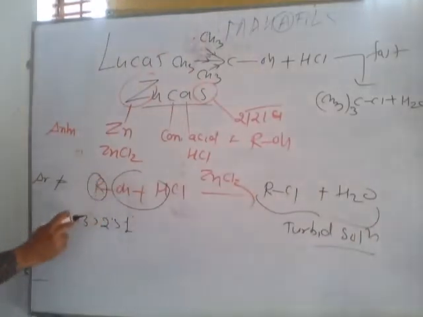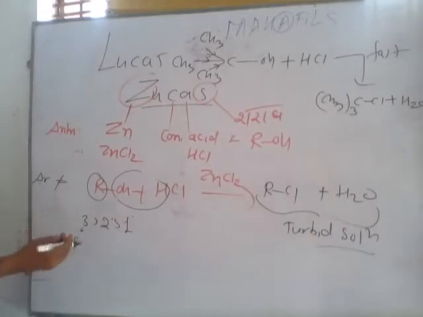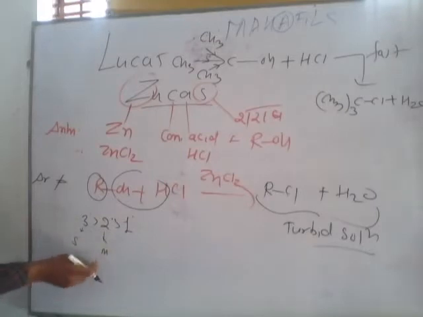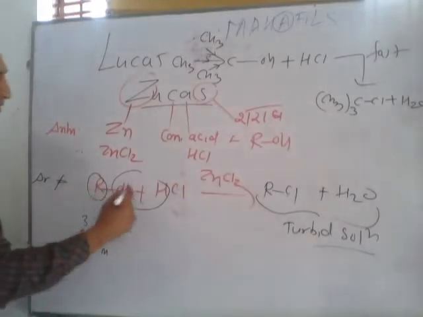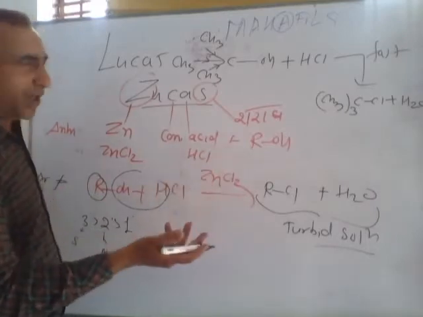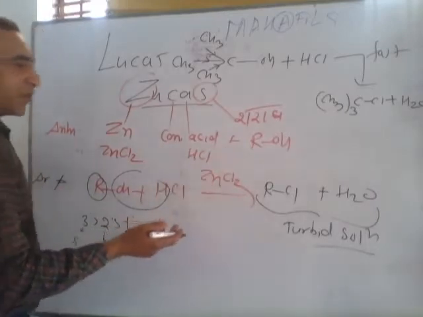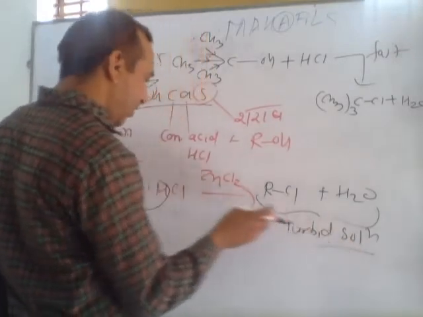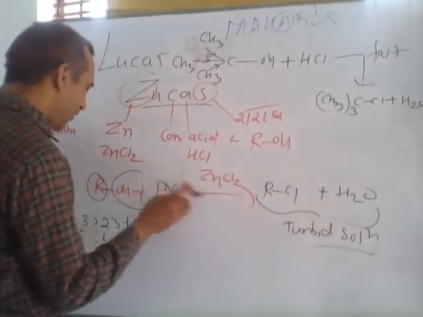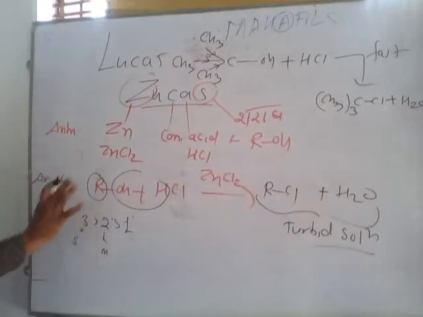Tertiary alcohol gives this reaction in a few minutes, but primary gives this reaction in hours, otherwise no reaction. So on the basis of the time for formation of the turbid solution, we can distinguish different types of alcohol.